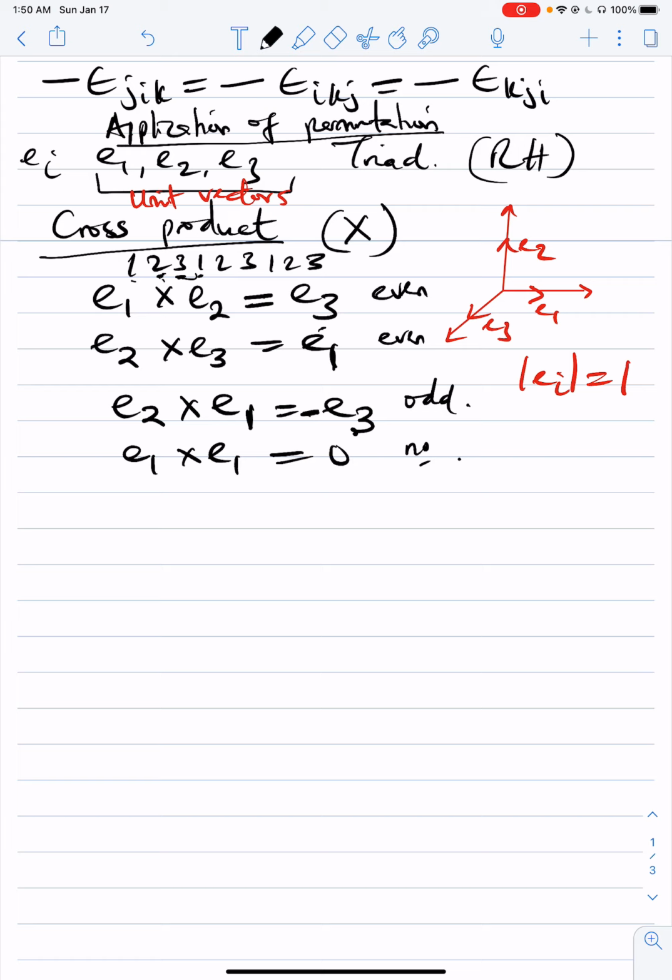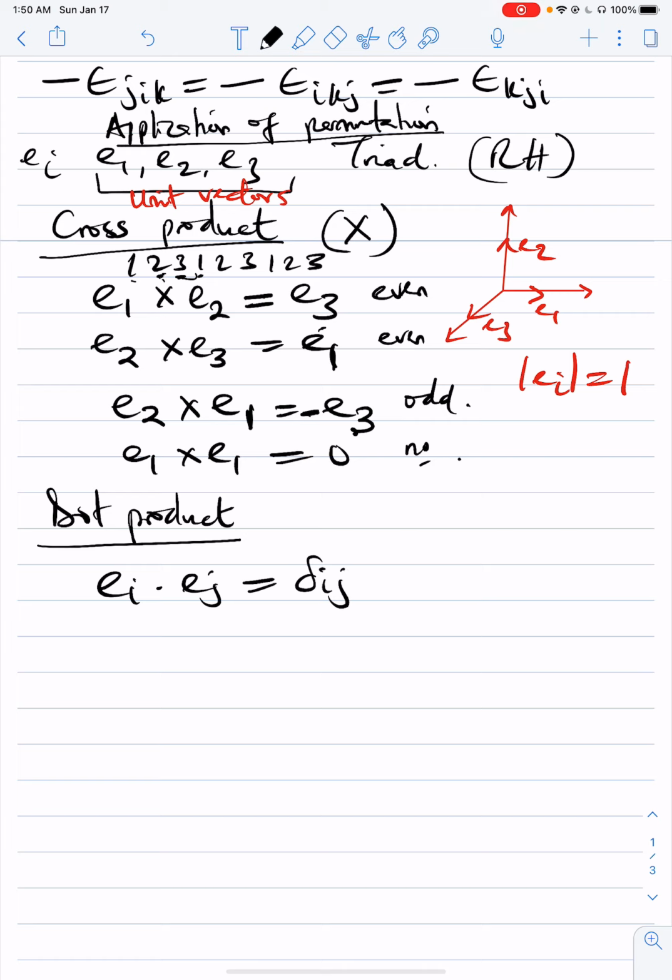If you also remember the dot product, right? So we have e_i dot e_j equals this. From the last video, we were able to get this. This represents the Kronecker delta. I hope I got the spelling of this right.